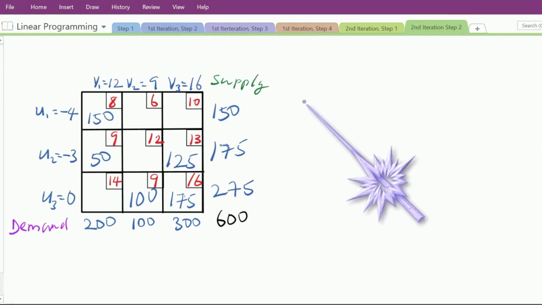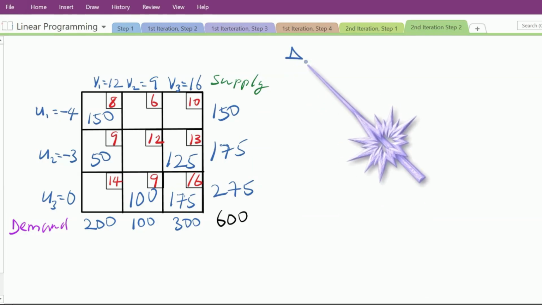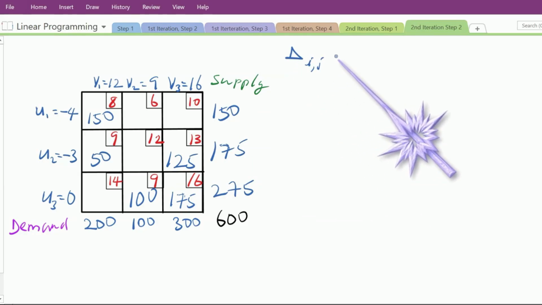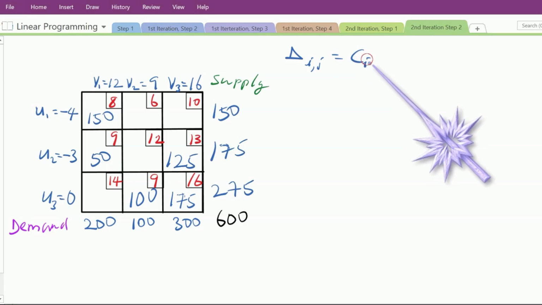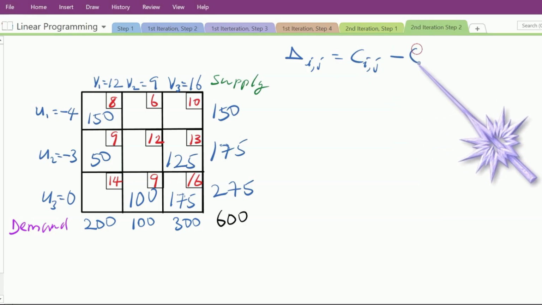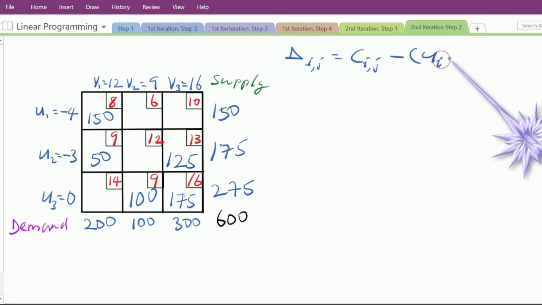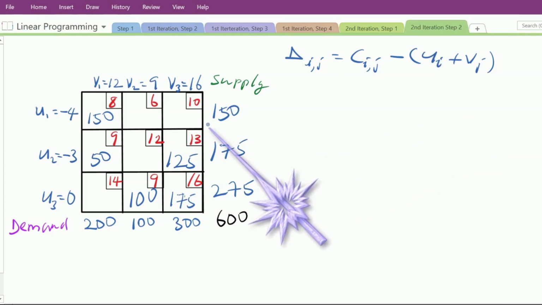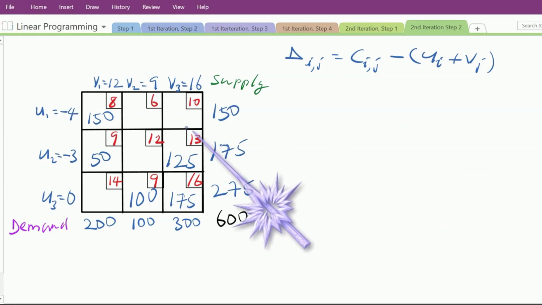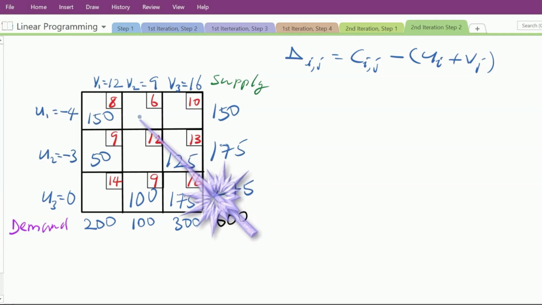Here, carrying out the second iteration, we have delta ij is equal to Cij minus (Ui plus Vj). So we come here for the unoccupied cells, which is this. This first one here is delta 1, 2.